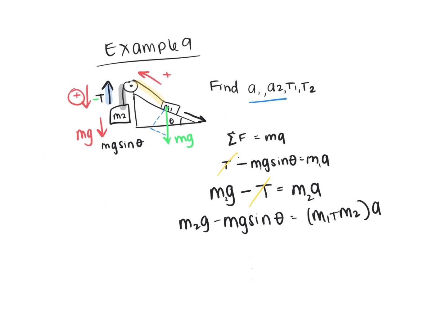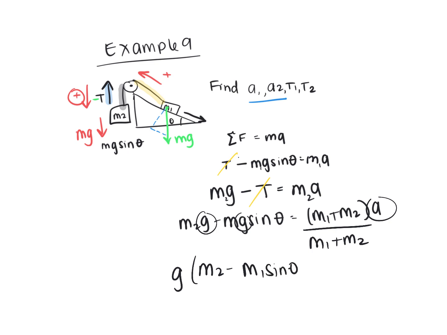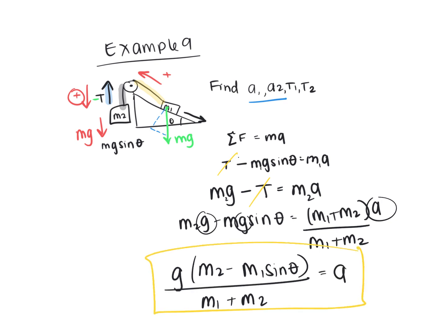And to isolate acceleration, we would divide both sides by m1 plus m2, which would give us, I'm going to factor out the g, g times m2 minus m1 sine theta over m1 plus m2 equals acceleration. And that is our equation for acceleration.